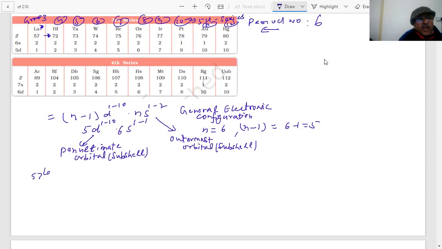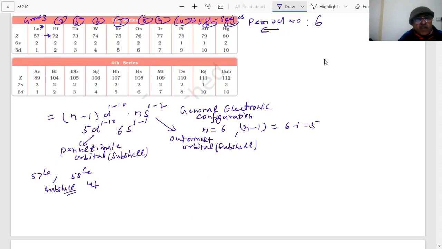57 lanthanum, students. After that, where is 58, cerium? When you come from 57 to 58, the 4F subshell becomes lower in energy. This starts filling the 4F subshell.